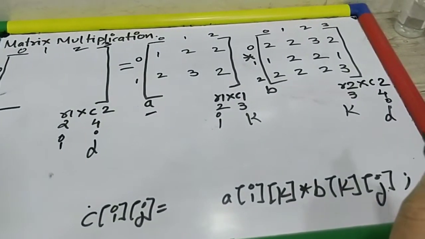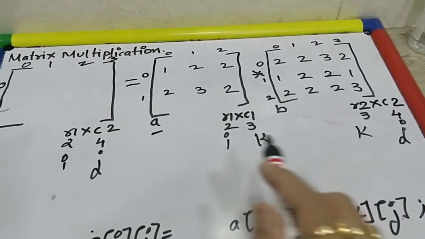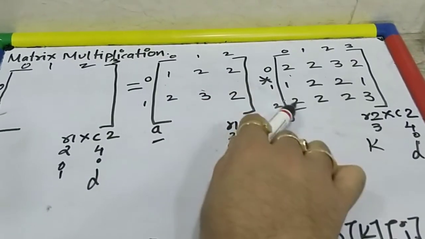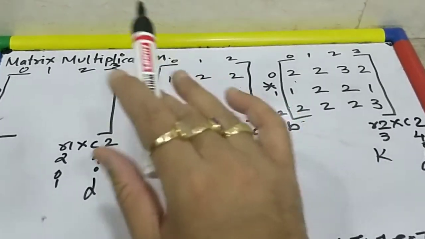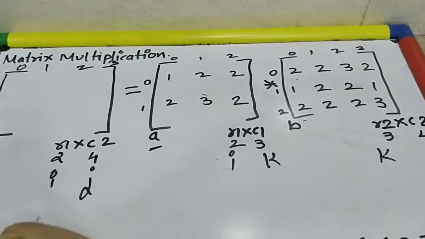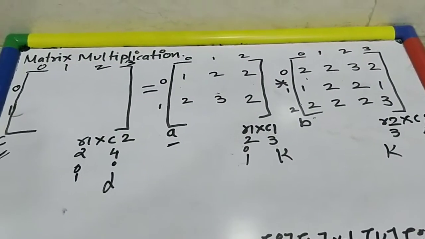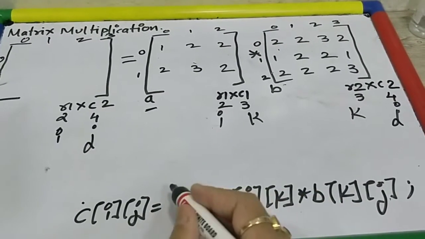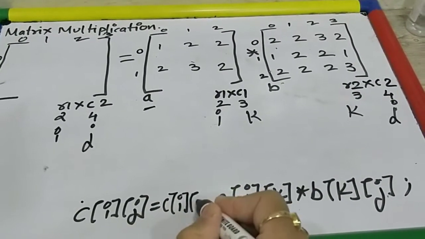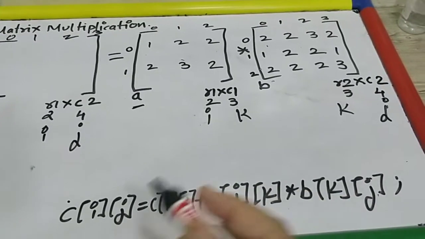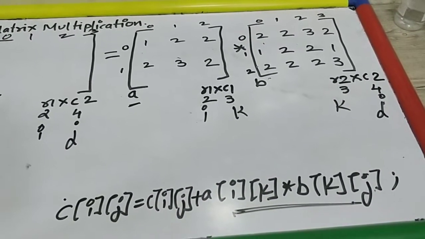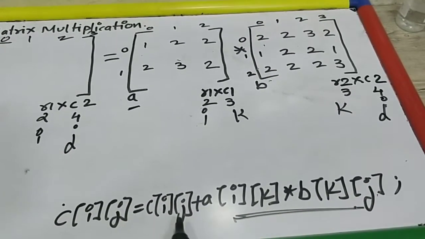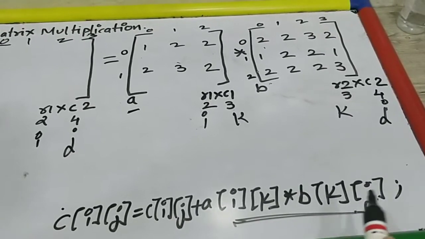But as we all know, in terms of matrix multiplication, it is 1 into 2 plus 2 into 1 plus 2 into 2. So it is multiplication as well as addition of the matrix elements. So it has to be continuous addition also. So what we can write is C of Ij is C of Ij plus A of Ik into B of Kj. So this is the end result. C of Ij is C of Ij's old value plus A of Ik into B of Kj.